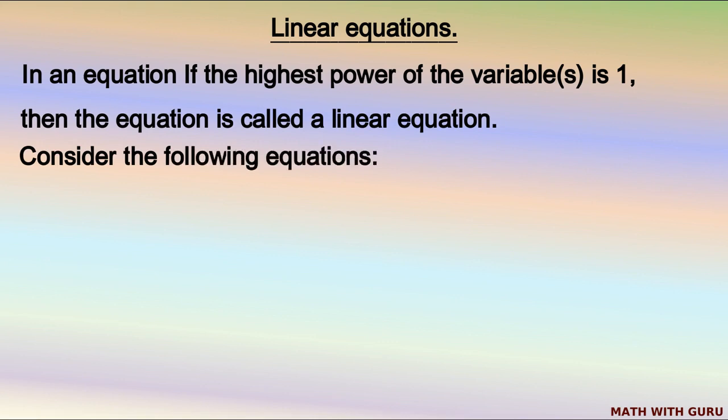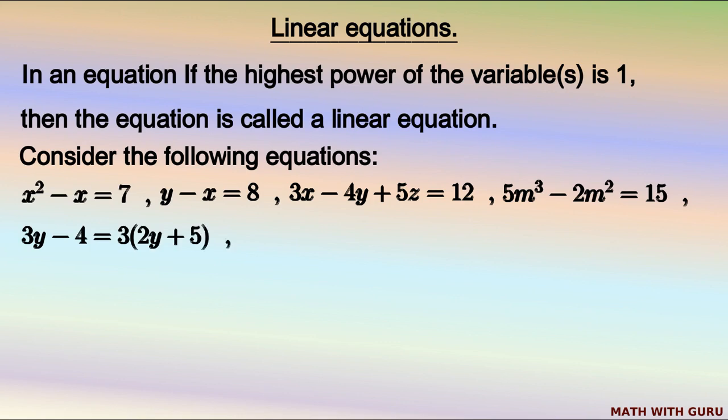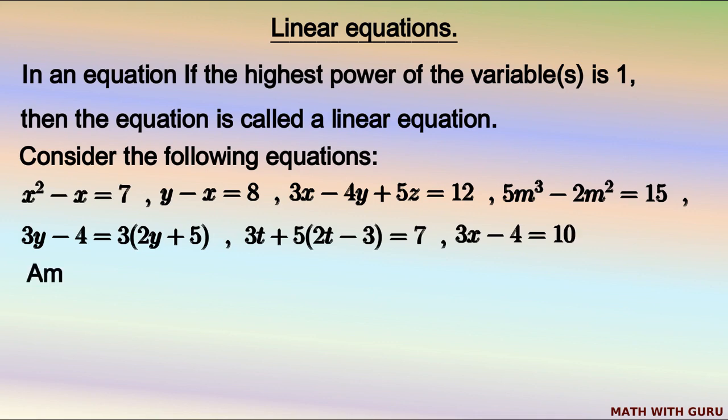Consider the following equations: x² - x = 7, y - x = 8, 3x - 4y + 5z = 12, 5m³ - 2m² = 15, 3y - 4 = 3(2y + 5), (3t + 5)(2t - 3) = 7, 3x - 4 = 10.